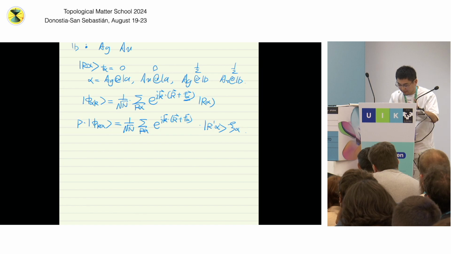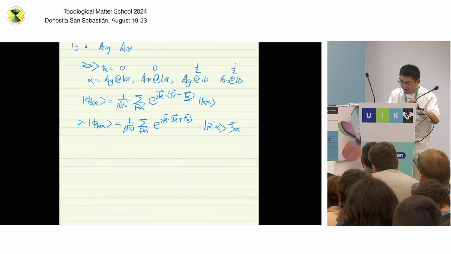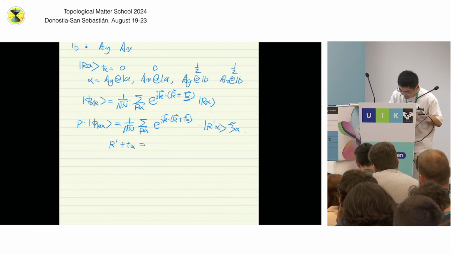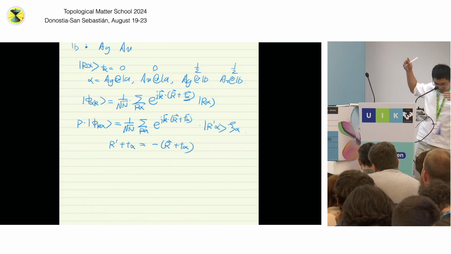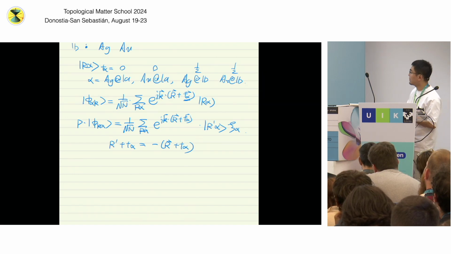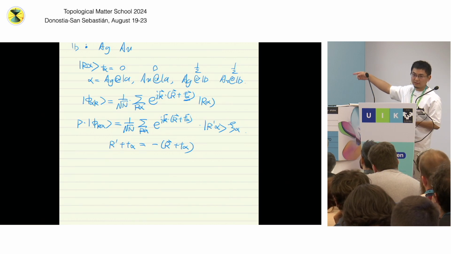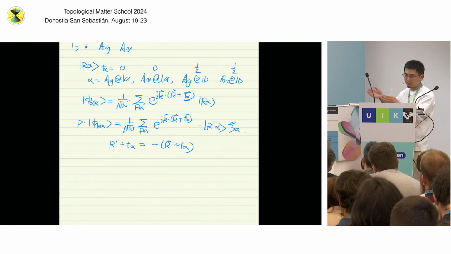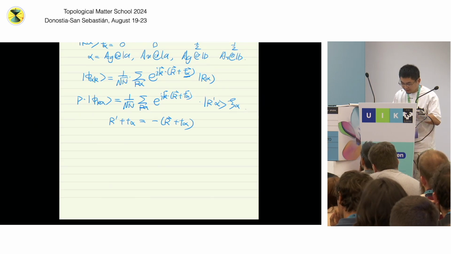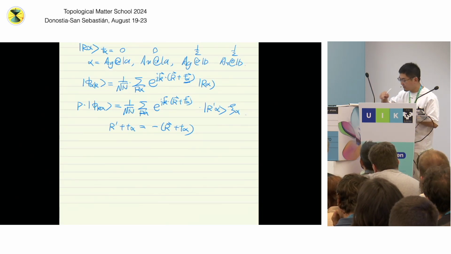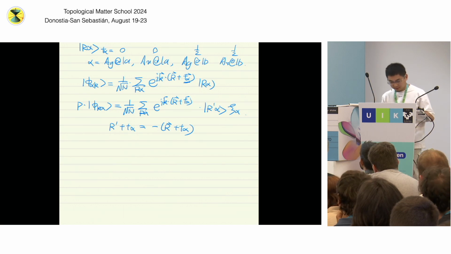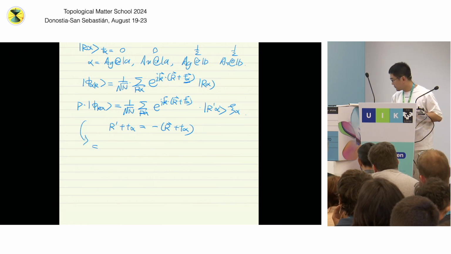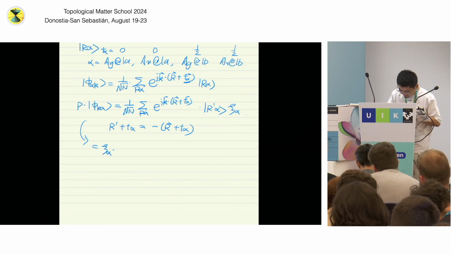For the Au orbitals, it's minus 1. And this R prime is another unit cell satisfying this relation. So basically, the P operator has two actions here. The first action is to give a phase factor chi alpha. The second action is to transform this local orbital to some other position. We can substitute this relation back into this phase factor, and it's very simple to derive this relation. This is quite direct, right?